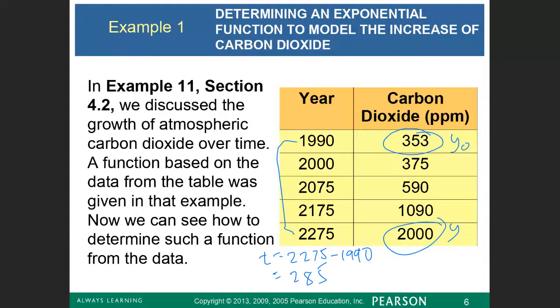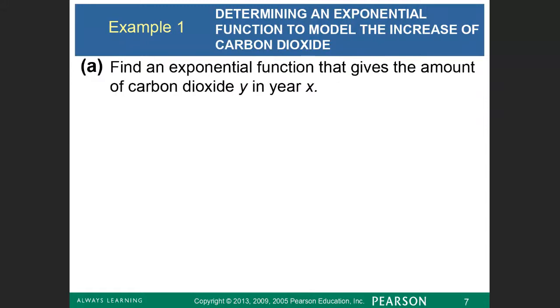So my formula is y is equal to y sub 0 e power of kt. I have my y already there as written. That's 2000. And my y sub 0 is 353. My t is 285. Then I can look for my k now, which is the missing item here. Okay, so here's the first question. Find an exponential function that gives the amount of carbon dioxide y in year x.